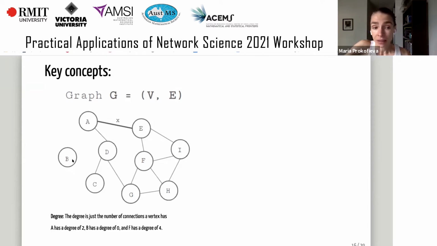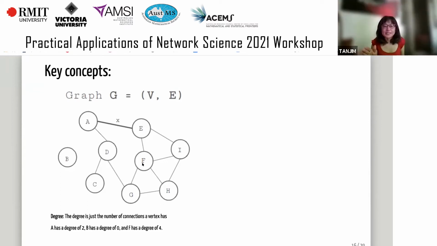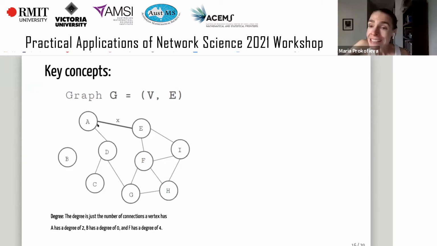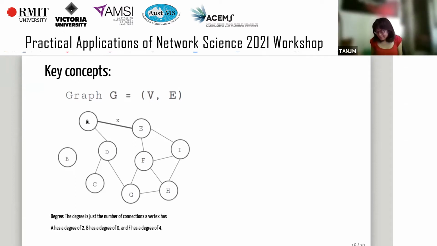But here, B, lots of people around, but he is lonely. Sorry, yeah? What's the vertex again? Vertex is the node. Note that spot here, you see the A, that's the node, right? Vertex is another term, or vertices when you talk in plural. So they're the same.